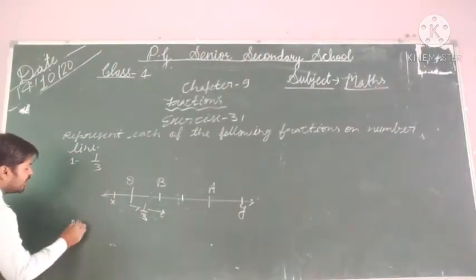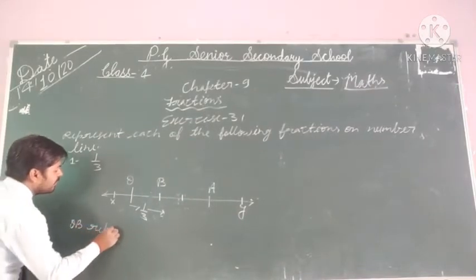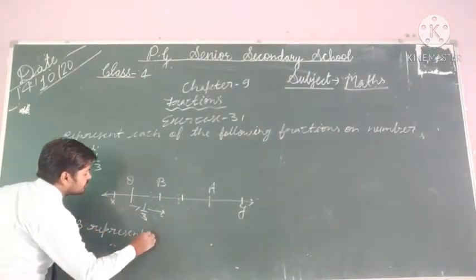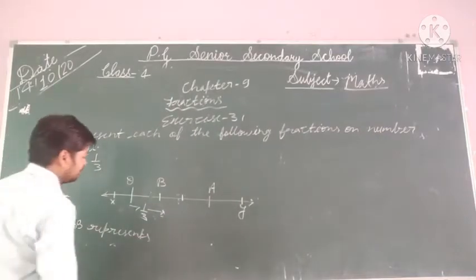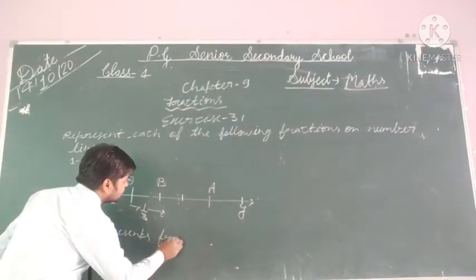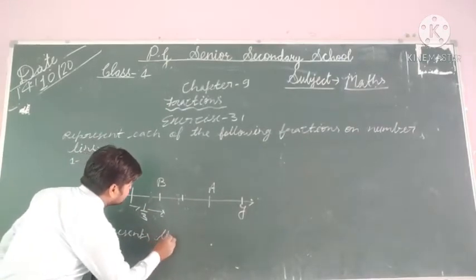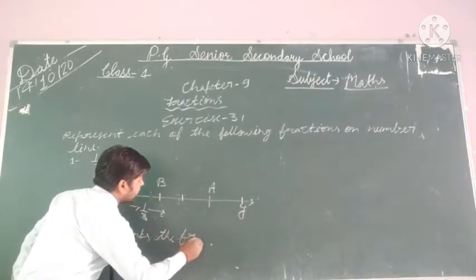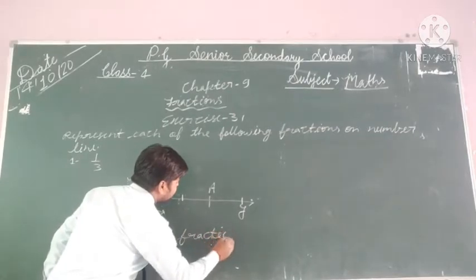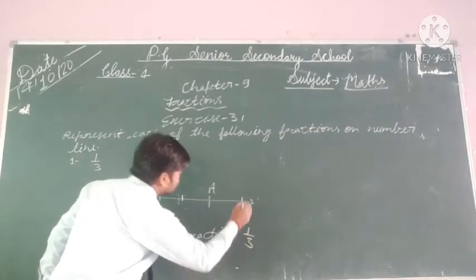So here you write: OB represents the fraction 1 by 3. Okay.